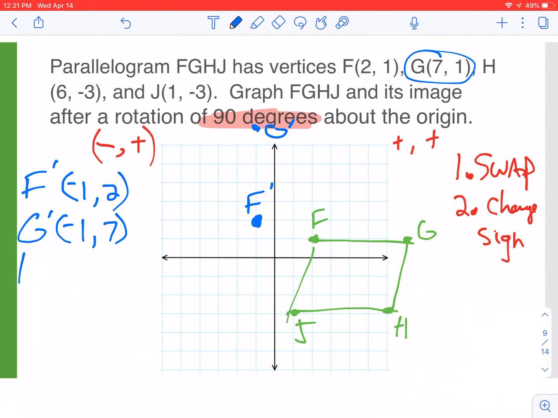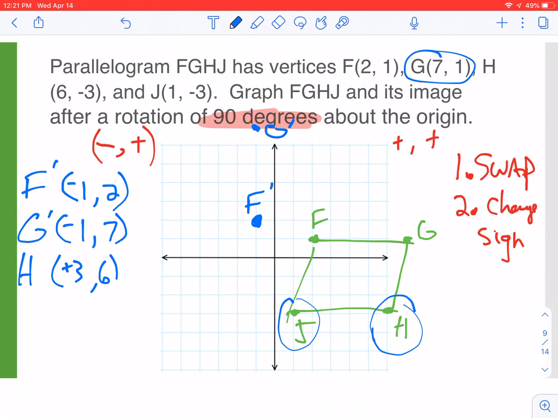Let's look at H. Okay, now H and J are going to end up here in the positive quadrant. So they're both going to end up having positive numbers. So H, I flip them, -3, 6.